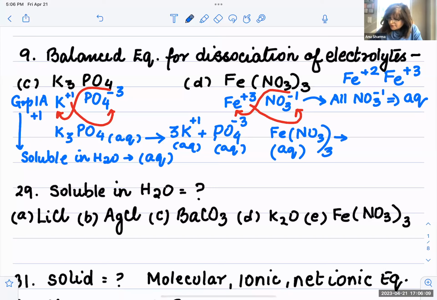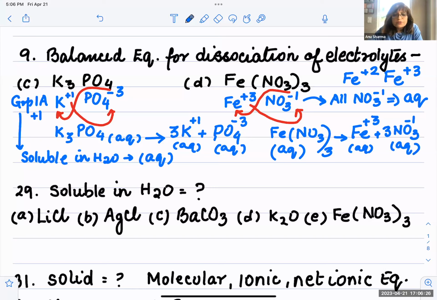It breaks up into 1 Fe with +3 charge, aqueous, and 3 nitrates, NO3, each with -1 charge, aqueous. So this is how you write iron(III) nitrate, or ferric nitrate: 1 iron +3 and 3 nitrate ions, -1 charge.